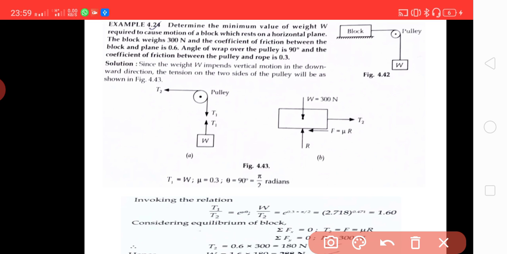Now T1 equals W, and mu equals 0.3, theta 90 degree or pi by 2 radian. Invoking the relation T1 upon T2 equals e to the power mu theta, it comes out to be T1 upon T2 equal to 1.60.